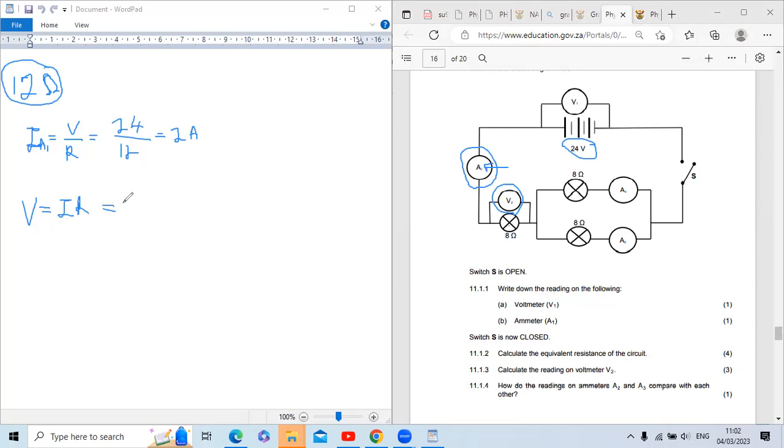Our I is going to be 2 amperes, and our R is going to be 8. So the reading on V2 is going to be 16 volts.